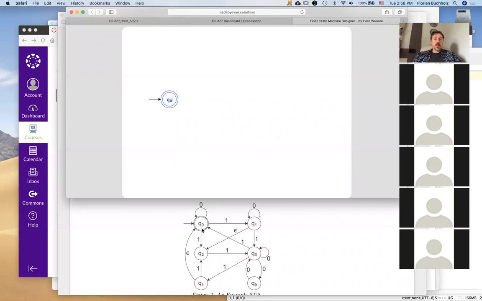So one state called Q0, Q1, Q2. And even if this were a 1 and only this were an epsilon, then because we could go here for an epsilon and then here through this epsilon, it would still be this meta state Q0, Q1, Q2. So we are in Q2, that's our start state.